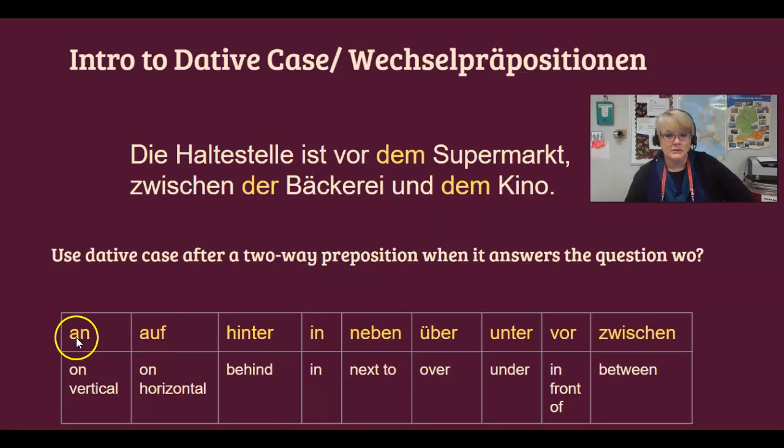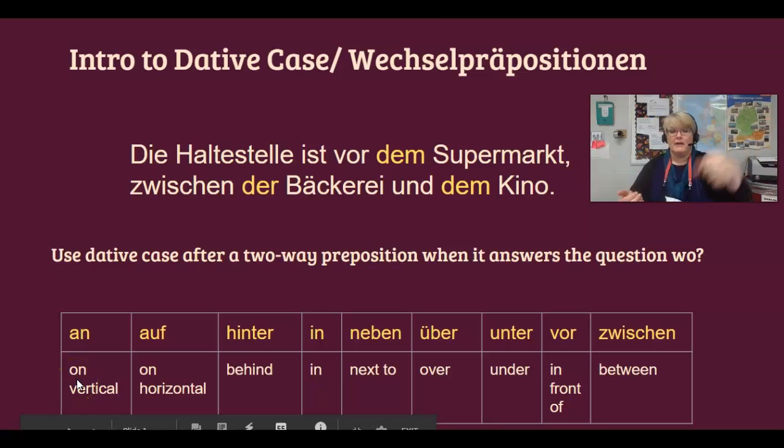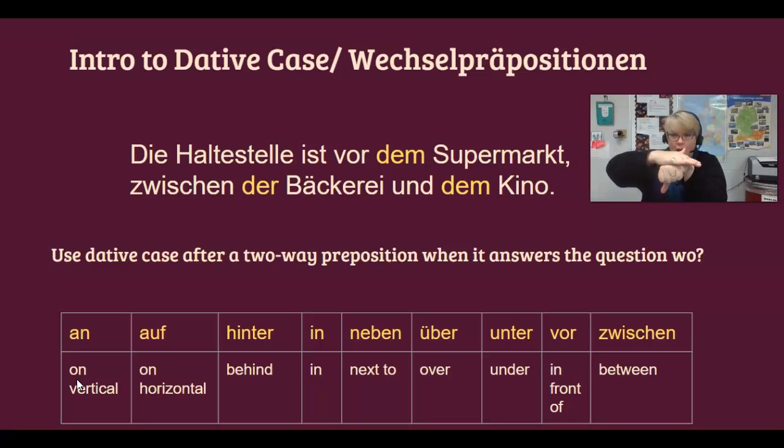All right, so here are your two-way prepositions, yeah, your Wechselpräpositionen. An means on, vertically. On is this way, okay? Like the poster is hanging on the wall. As opposed to auf, which is this way, on top of, yeah? Auf, like something can sit auf dem Tisch, on the table. But posters hang an der Wand, okay?